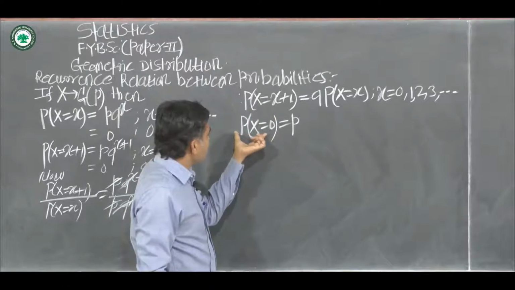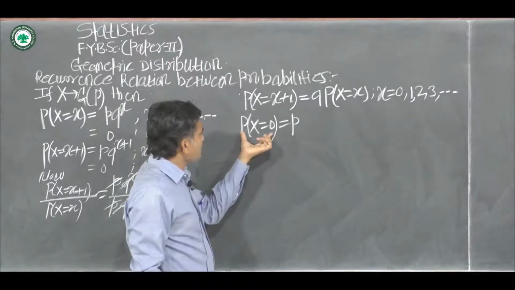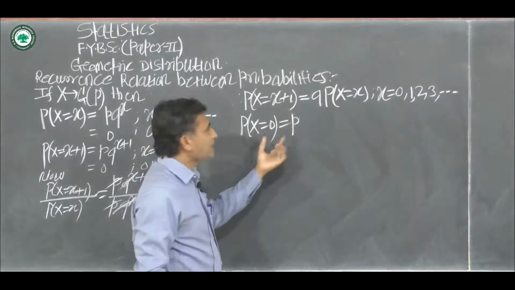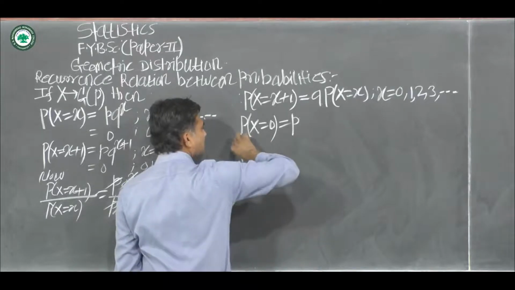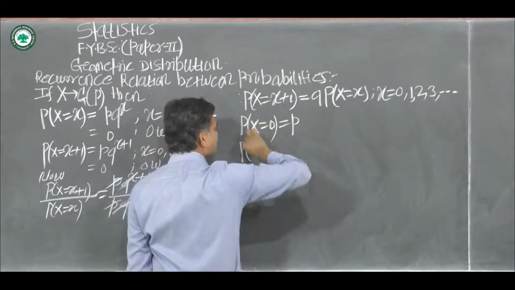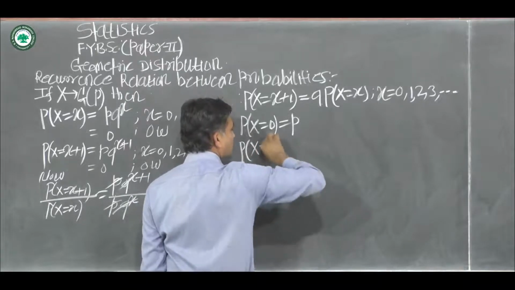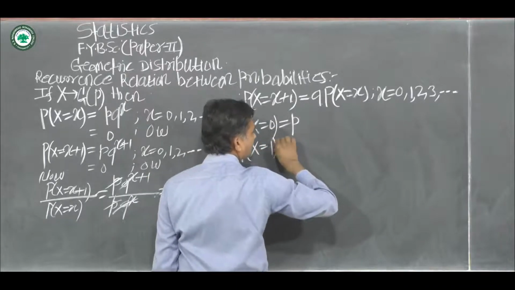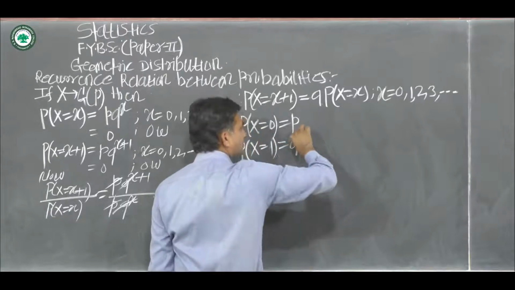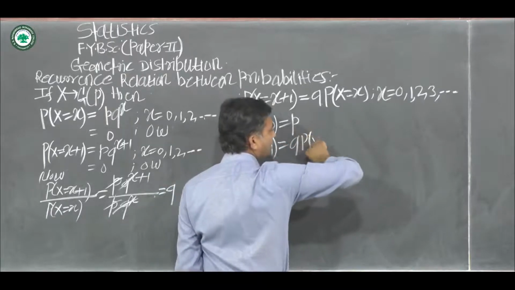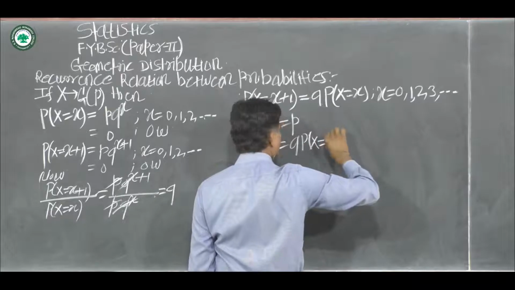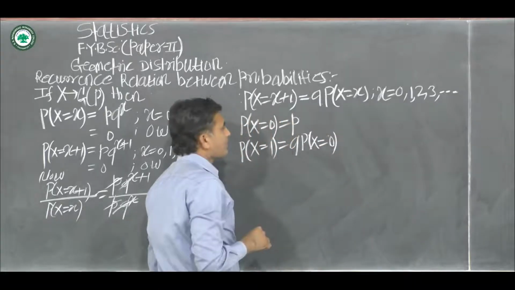Means if probability of X equal to 0 is equal to p is known, then probability of X equal to 1 can be computed using this relation, that is probability of X equal to 1 is equal to q into probability of X equal to 0.